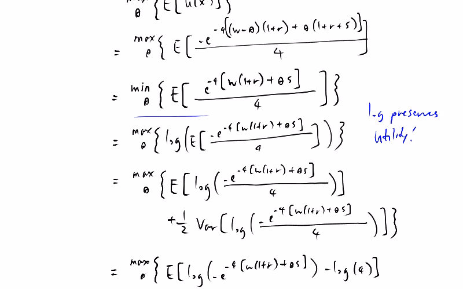What is true though is that the resulting theta, the argmax, equals the argmin of this bunch of stuff without the negative sign. So this is correct.